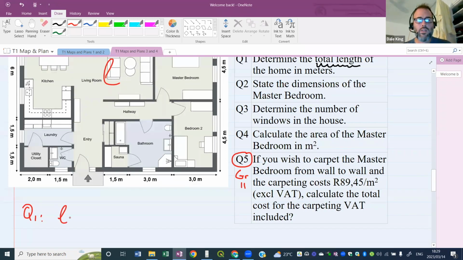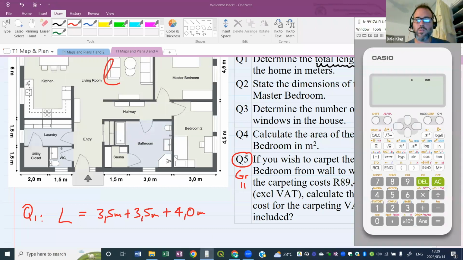I use a funny cursive L because if I just write a line for L, it looks like a 1. In fact, let me use a capital. So L for length is equal to 3,5 meters plus 3,5 meters plus 4 meters.